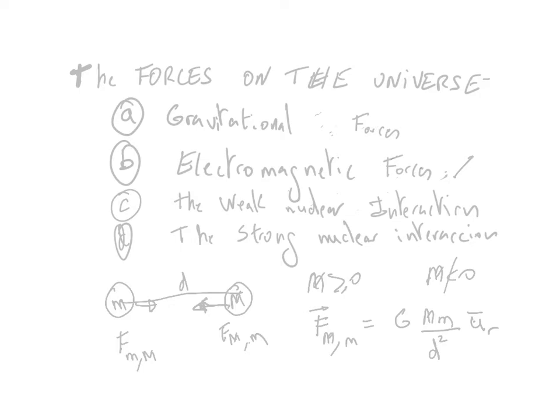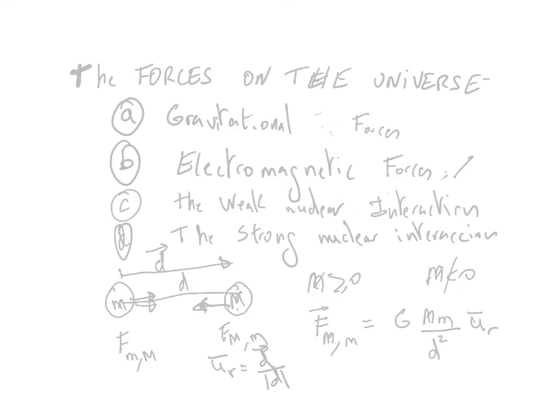We find the vector d that goes from the mass m to the mass M big, and u sub r is the vector d divided by its magnitude, a unit vector in the direction that goes from m to capital M.